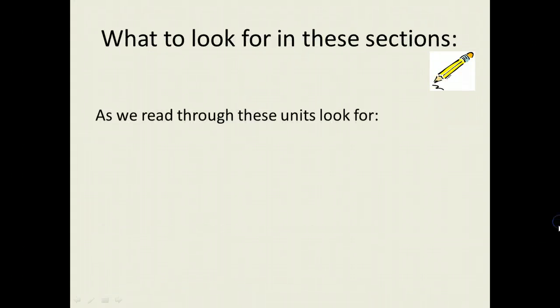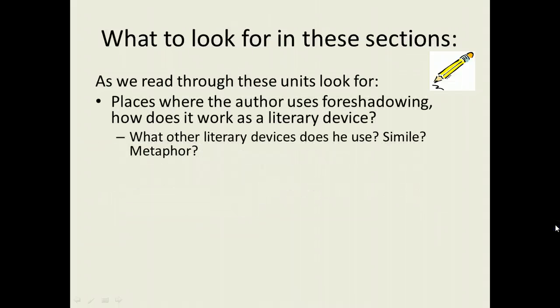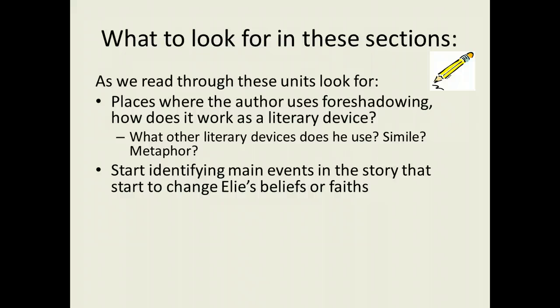So what do you need to be looking for as we read these particular units or sections of the book? Really be paying attention to the author's use of foreshadowing and how it works as a literary device and helping you to predict what's going to happen in the future of the book. What other literary devices do you notice? Is he using any similes or metaphors or other descriptive pieces to help the book along?